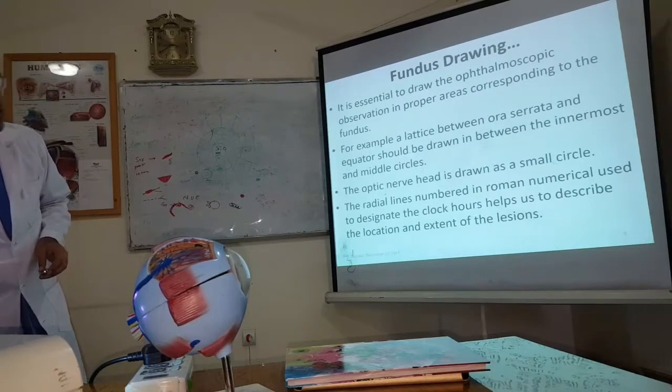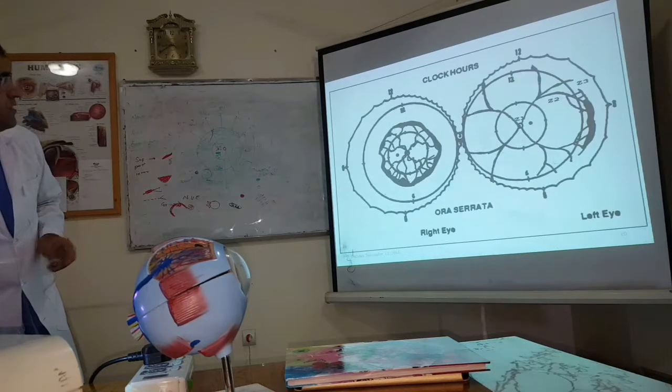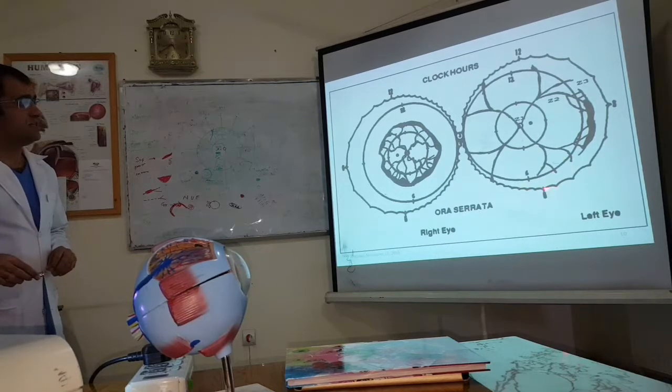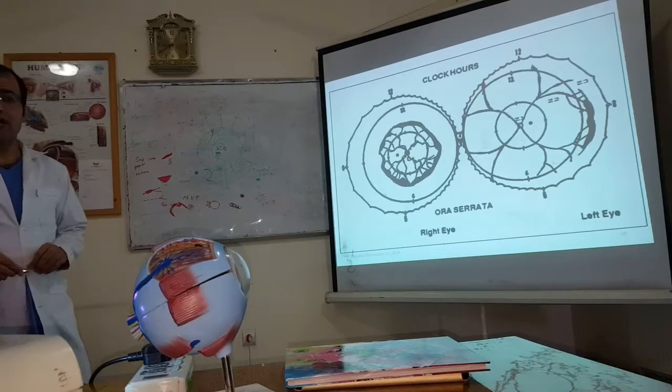Ora serrata is going to have, this is a good example, a good picture. You see the serrations, or these elevated areas or protuberances, they are more marked nasally in both eyes.